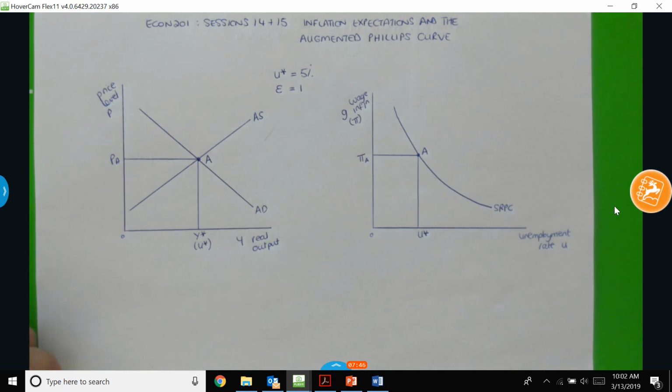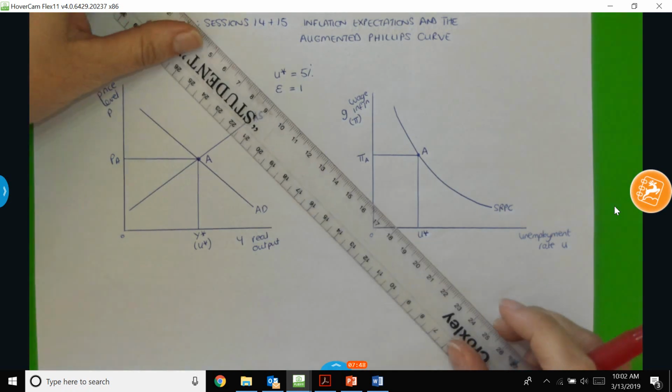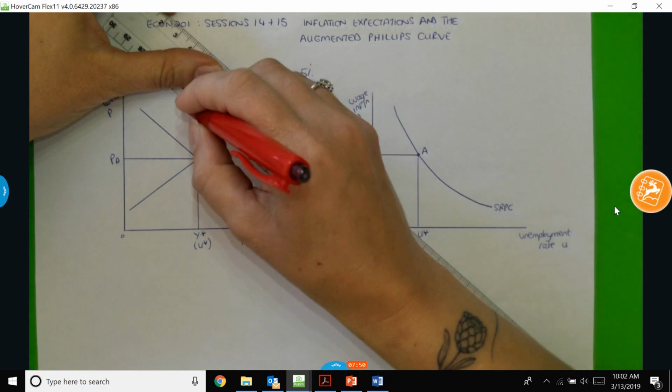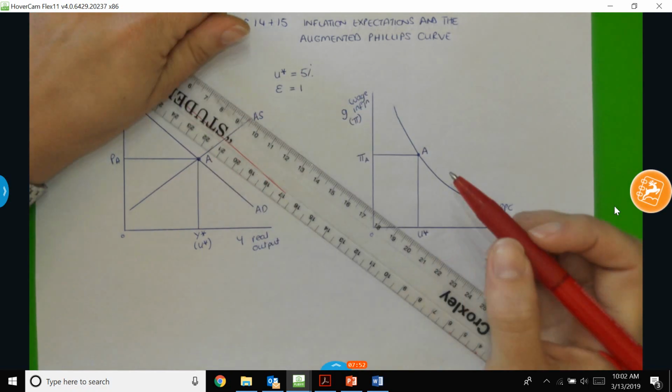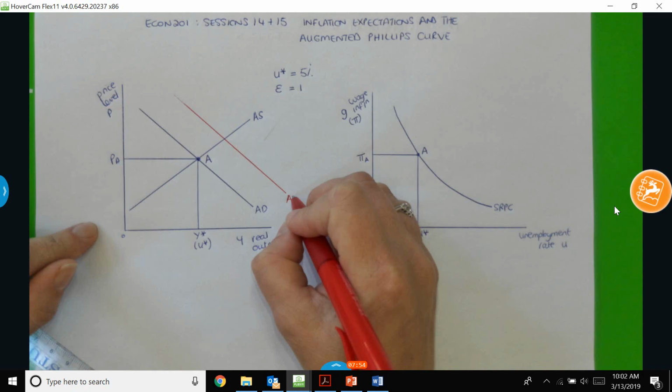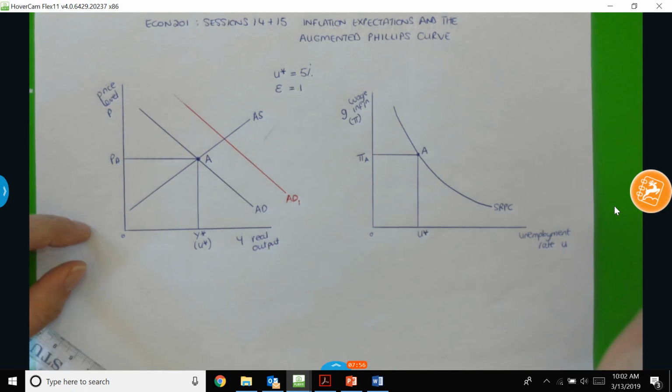But the first point of call is to start with an expansion in the demand for goods and services. So we're going to increase the demand for goods and services, and the aggregate demand curve will shift to the right from AD to AD1. Remember that the increase in the demand for goods and services could be because of an expansionary monetary or fiscal policy, or because of boosts to consumer or investor confidence.